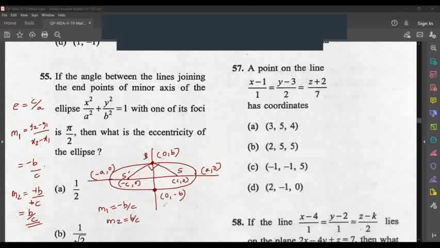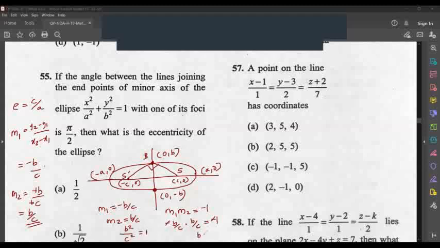Now, they have given that the angle between them is pi by 2. That means they are perpendicular. If two lines are perpendicular, whatever their slopes, m1 m2 is equal to minus 1. So minus b by c into b by c is equal to minus 1. So I can write b square by c square is equal to 1.